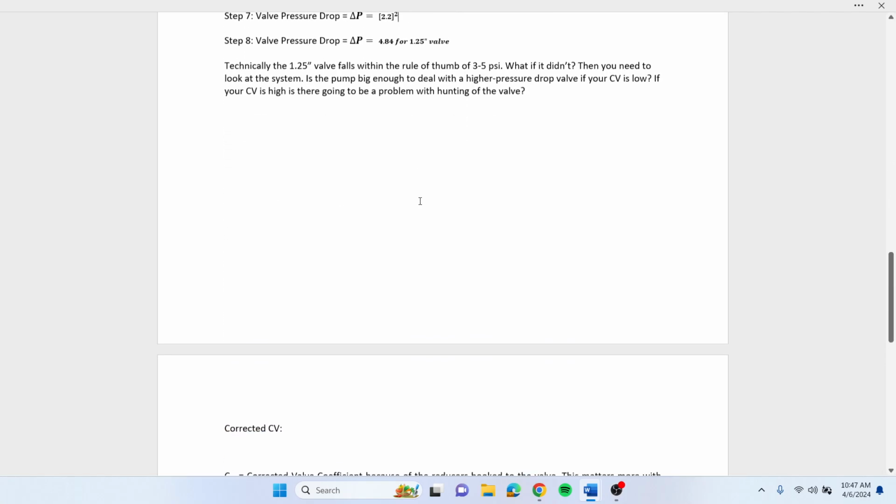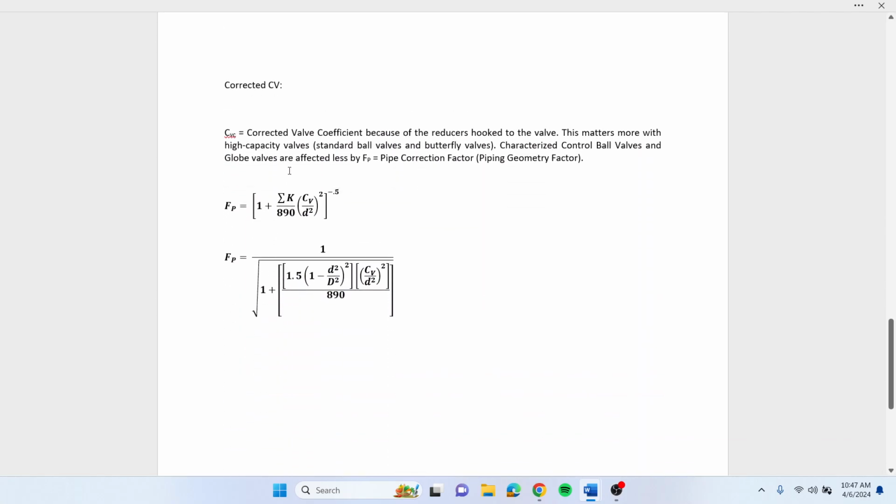If you start doing more than 2 pipe sizes, then you'll probably have to correct the CV, and again, that's going to rely on the manufacturer. They'll either have calculations or they'll help you size it. These are the formulas behind that. These are identical formulas, just set up differently.